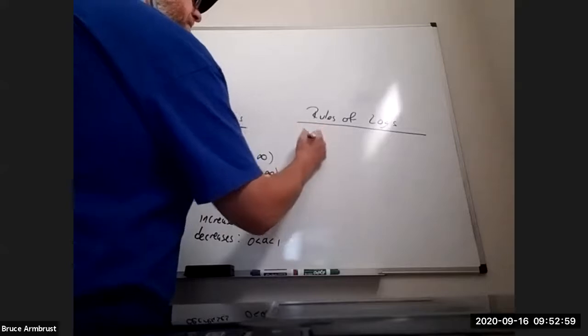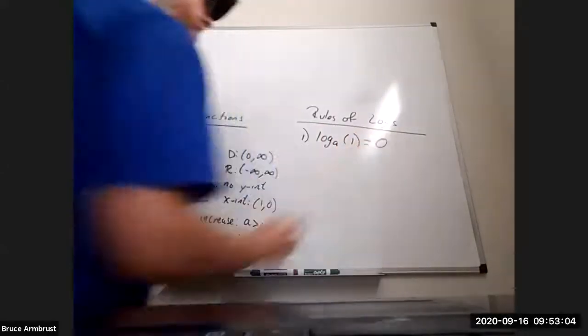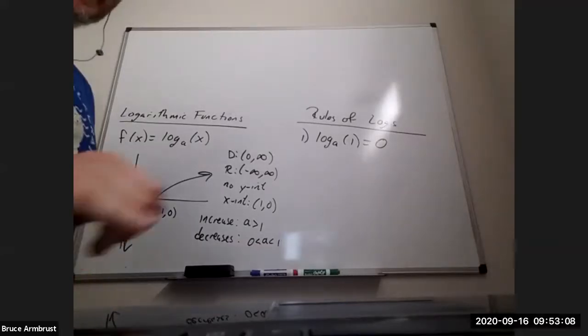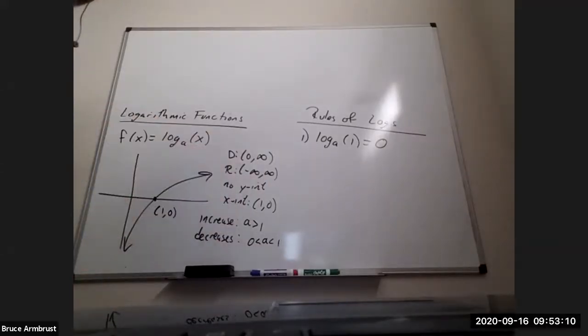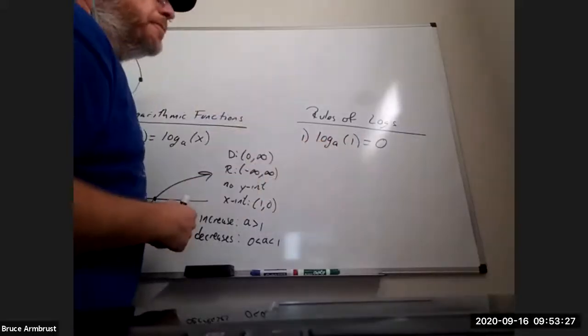All right, so the first is that when you plug 1 into a log, you get out 0. It doesn't matter what the base is, you always get out 0.